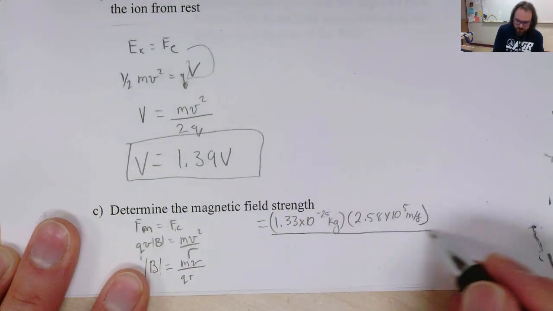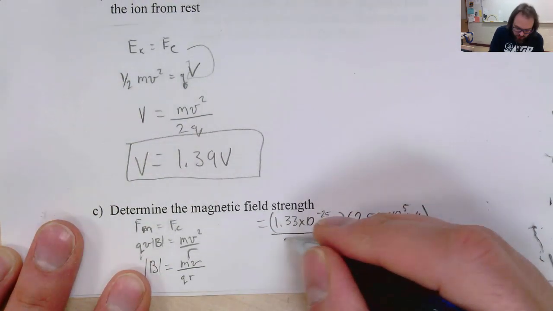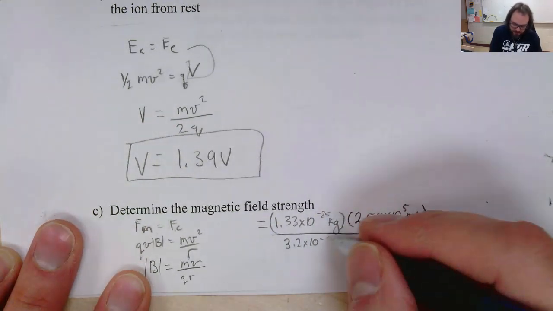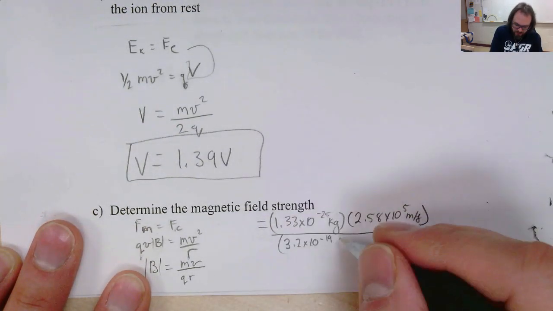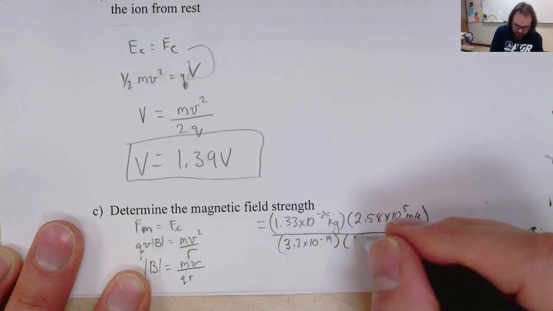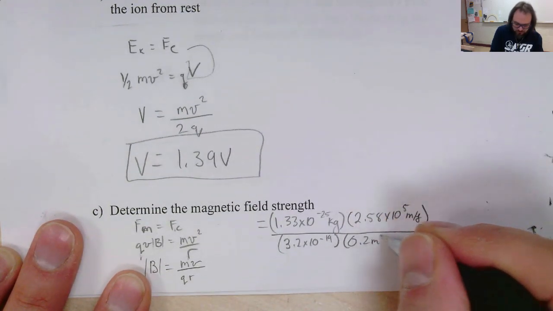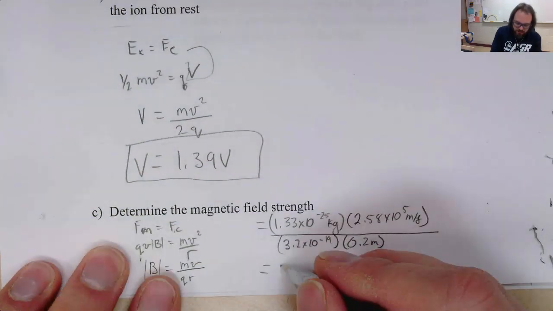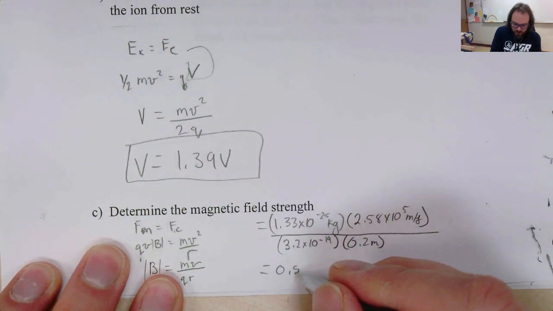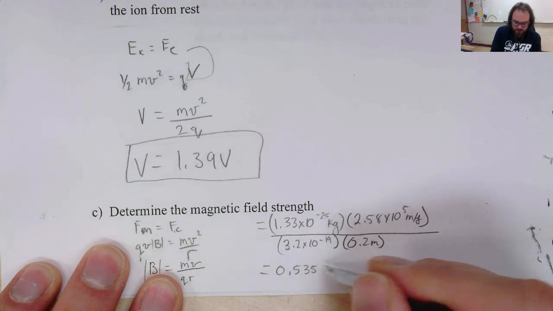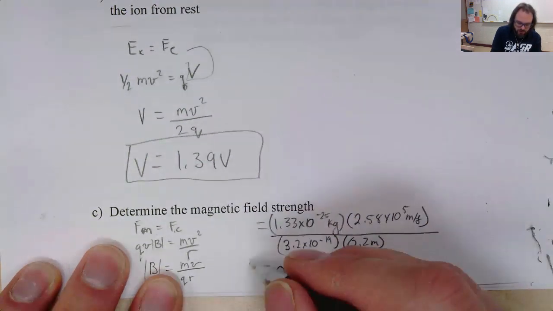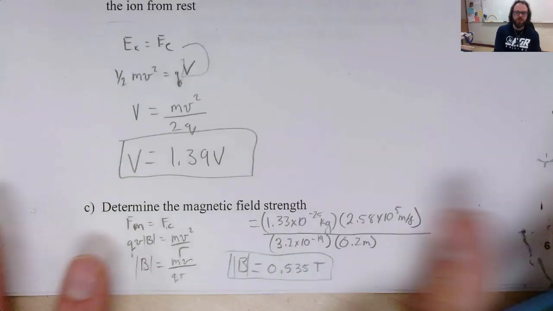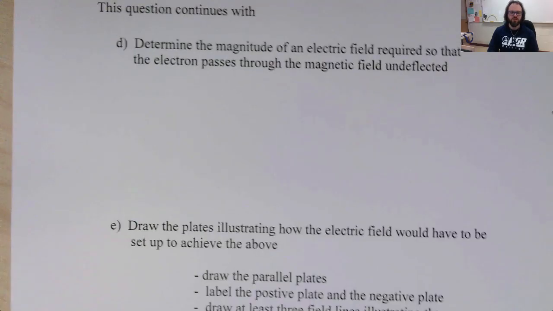We're going to divide this all by my charge, which is 3.2 times 10 to the negative 19, and then multiply this by 0.2 meters. When I plug that into my calculator, I'm going to end up getting 0.535 Teslas. That's going to be my magnetic field strength. So we're almost done here. I just have 2 more questions based on this.